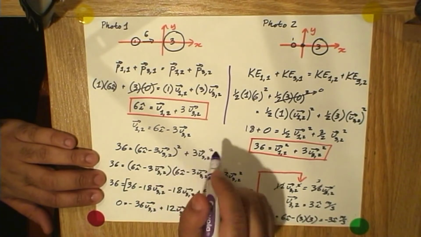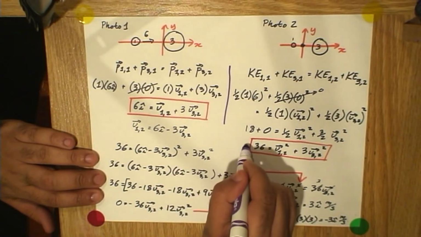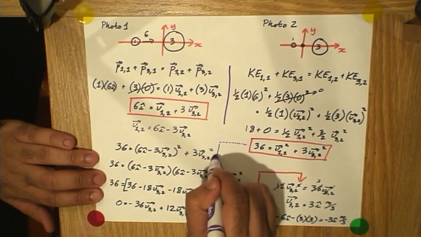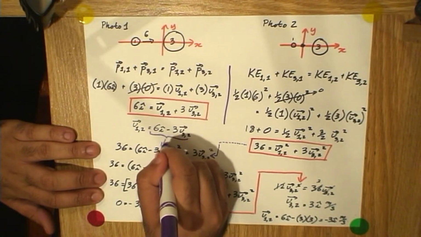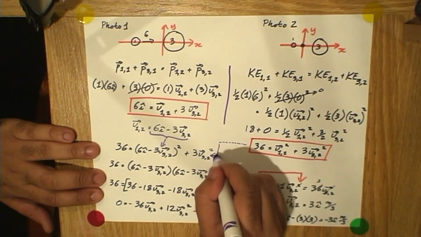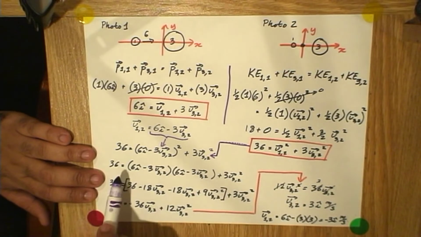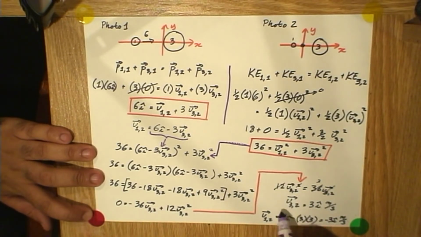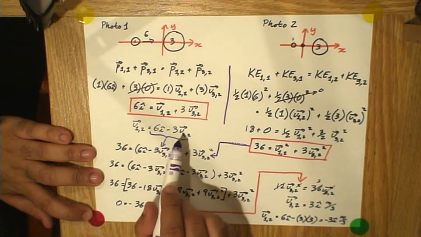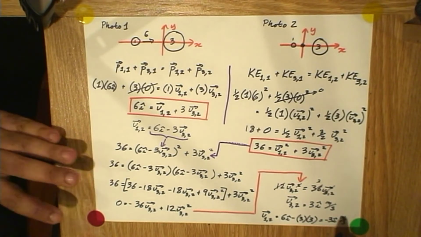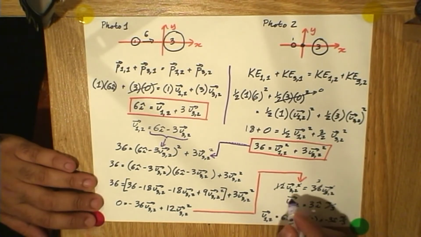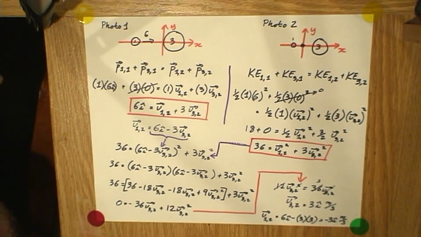So what we next had to do was take this expression for v12 and plug it in for v12 over here, and then through some simplification, we were able to find out that v32 is equal to 3 I hat. And v12 can be solved by plugging into any of these equations here. You end up with v12 equals negative 3 I hat. So we are able to solve for the two velocities by using conservation of momentum and conservation of energy.